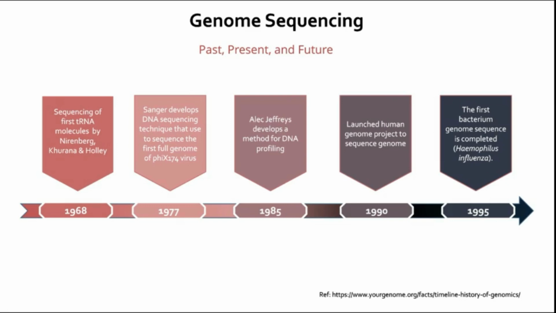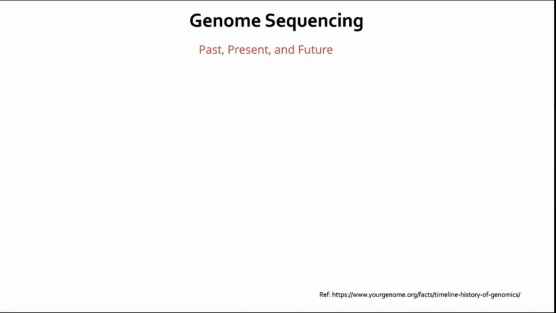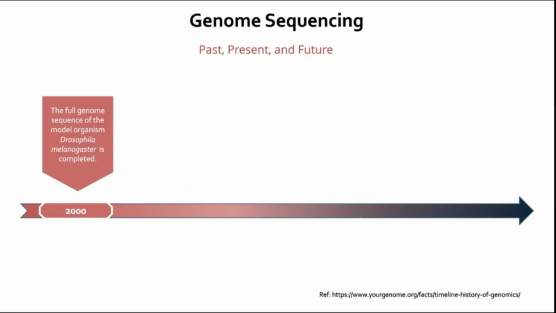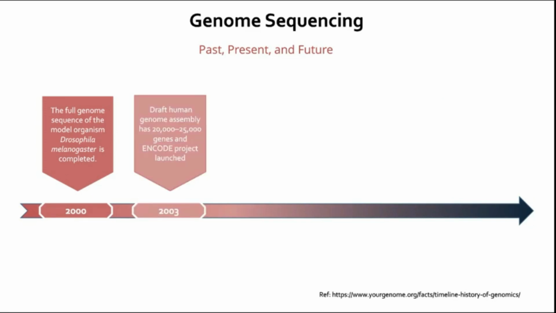I just put in the milestones of whatever happened in the past. The first bacterium project also started in 1995, and in 2000 we completed the full genome of Drosophila, and in 2003 the first draft genome assembly was constructed for the human genome.